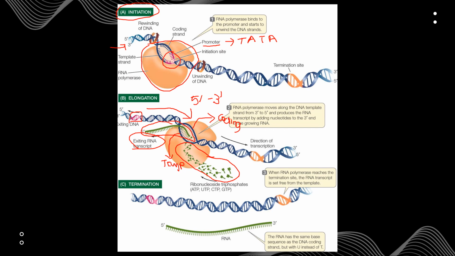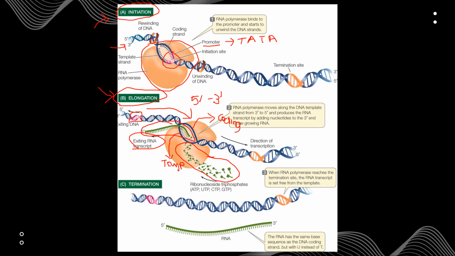So when it's coding, it goes from 5' to 3', the resulting RNA transcript that it's making. So this we call elongation because we have already started the process in initiation. Now we are extending or elongating this RNA transcript that we just started. So thus we call this step of the process elongation.